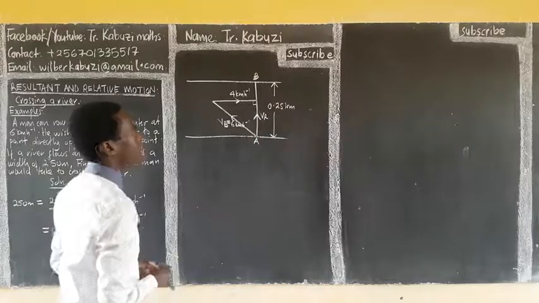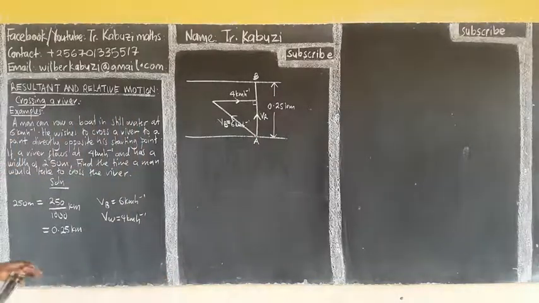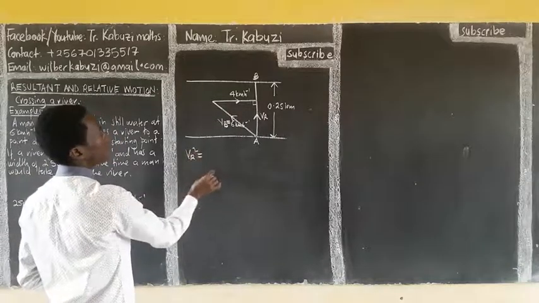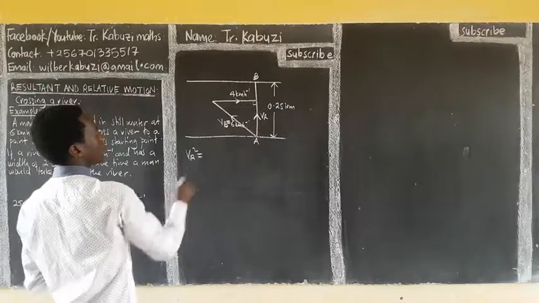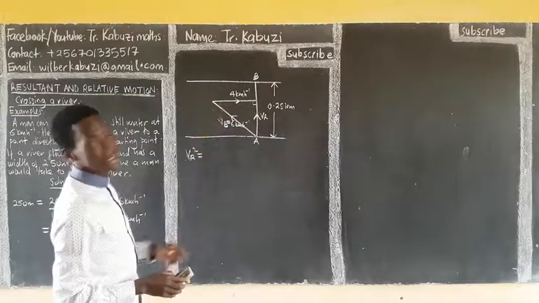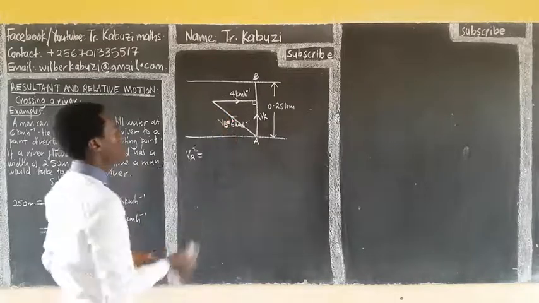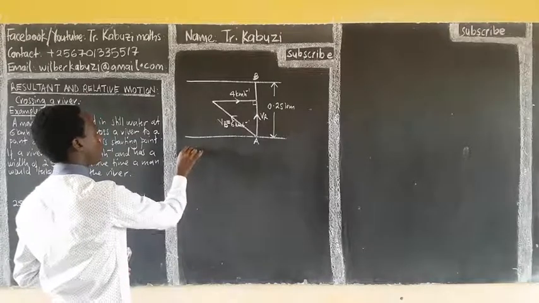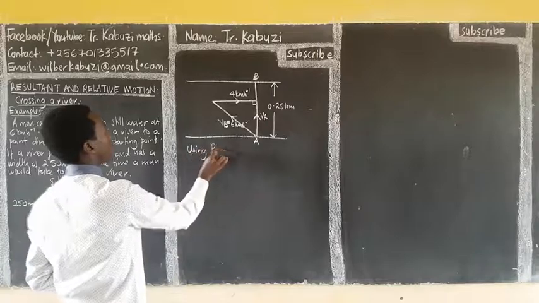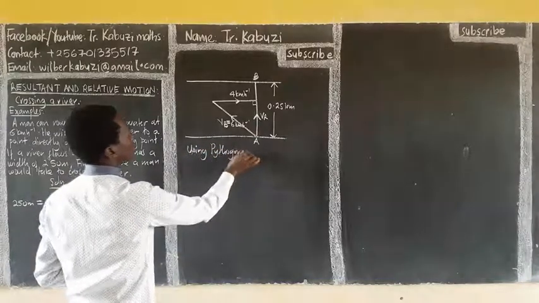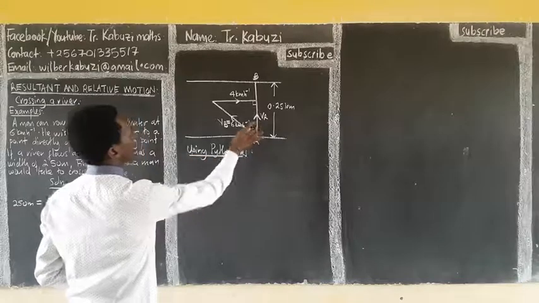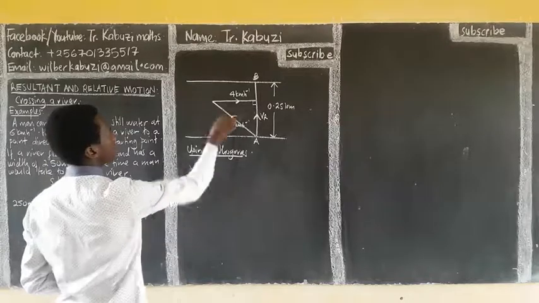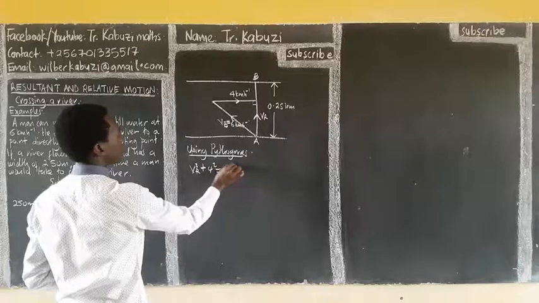So my V_R squared will be equal to this squared minus this squared, or if you use Pythagoras, we see that V_R squared plus 4 squared is equal to 6 squared.